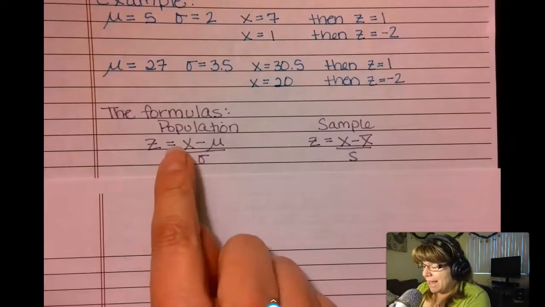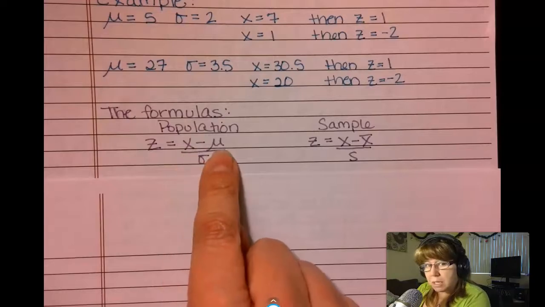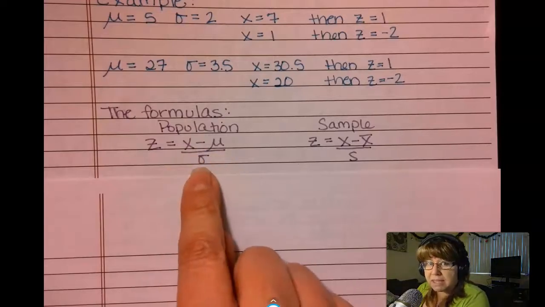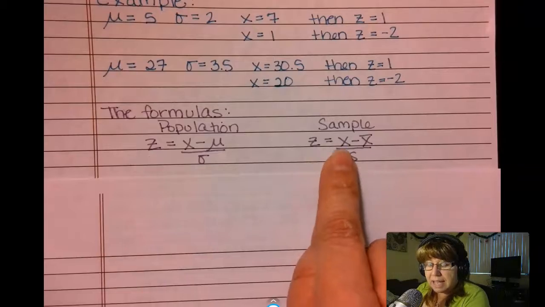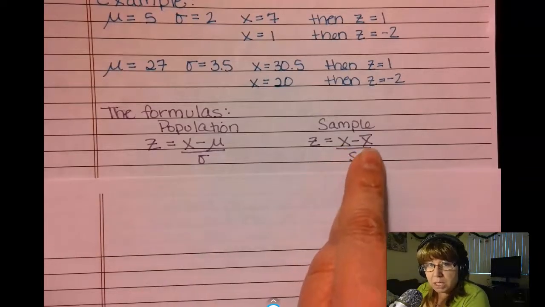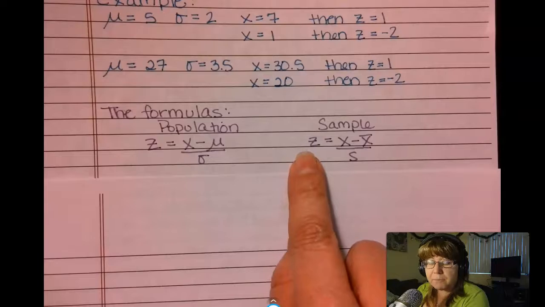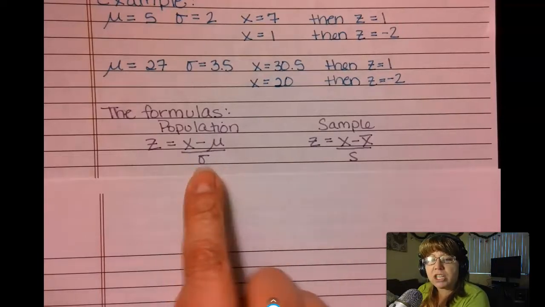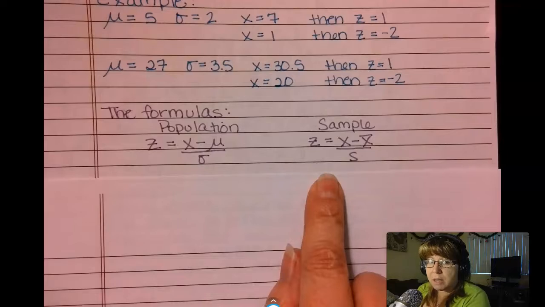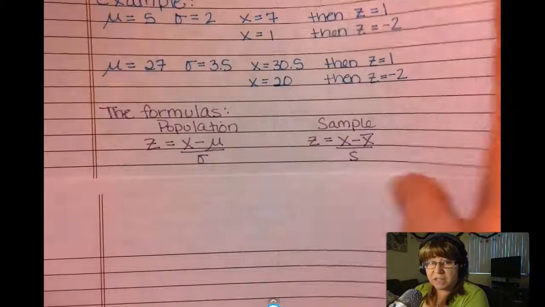Take the x value, subtract the mean, and divide all of that by the standard deviation, and you get the z. Same formula, but different notation because we have population notation and sample notation, but the math is exactly the same. Now let's run through an example from start to finish here.